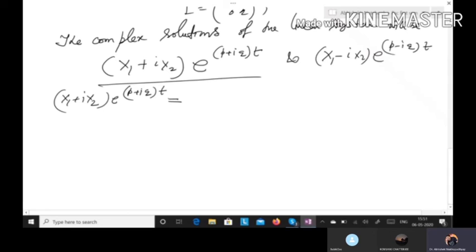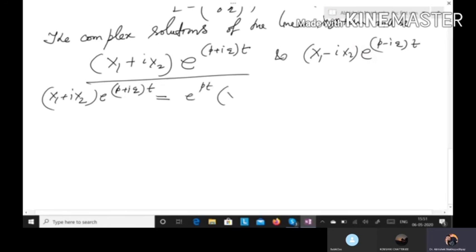So if we expand this solution, then we see that it is e to the power pt, that is the first one, (x1 plus ix2) into e to the power iqt, which can be written as cos qt plus i sin qt.